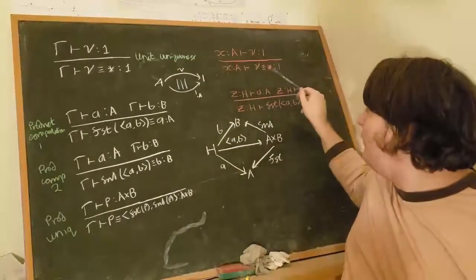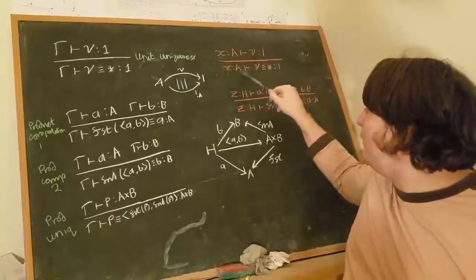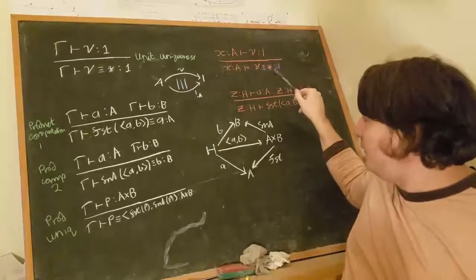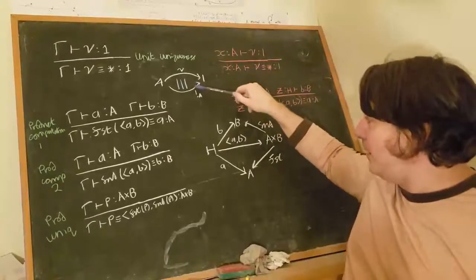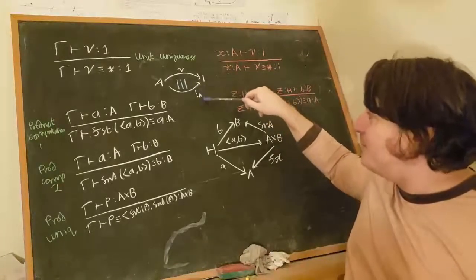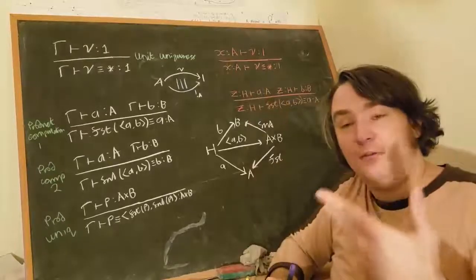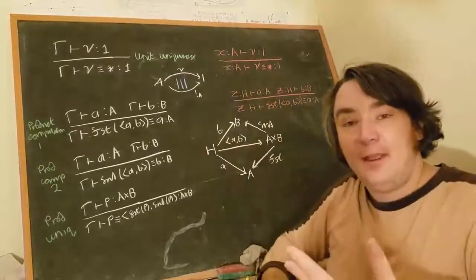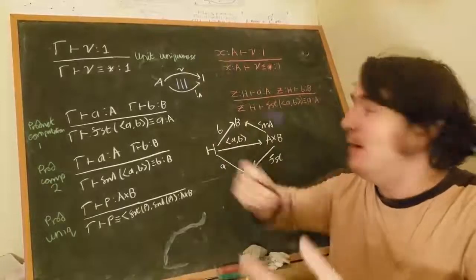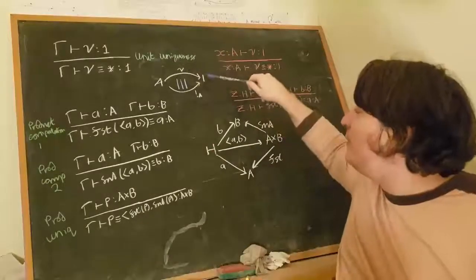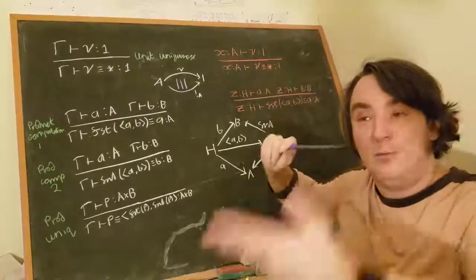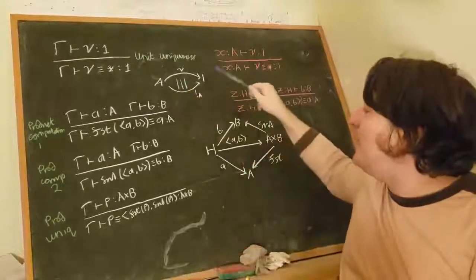And what this is essentially saying is that this function is equal to the function that sends everything to star, and that's exclamation mark A. So you see here that we're really getting the universal property of a terminal object, that there's exactly one arrow into it from any object.